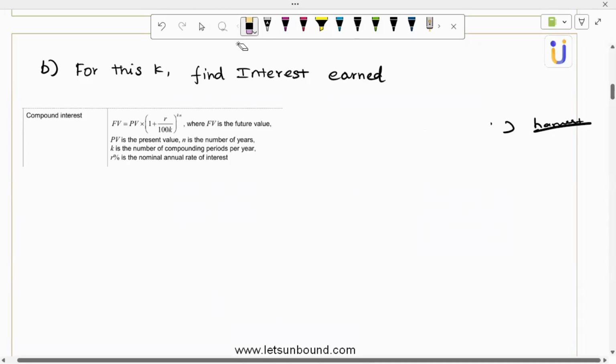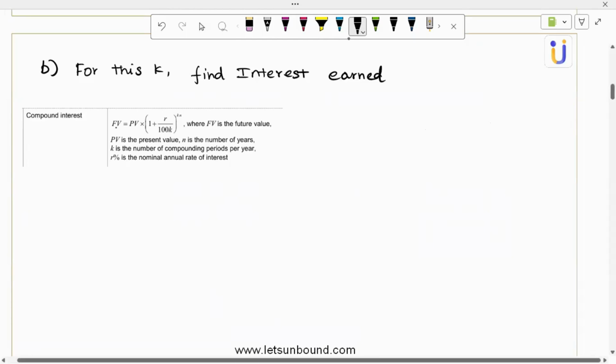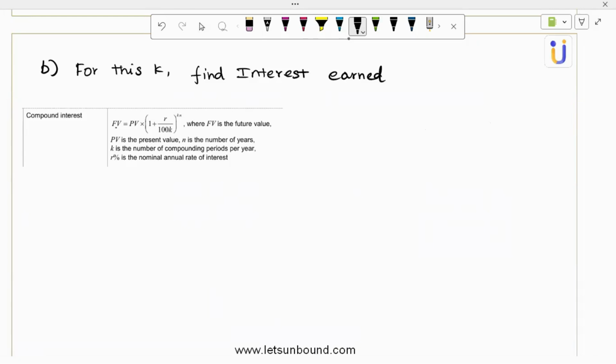That's simple. But how to find the future value? We have a formula in our booklet, which is SL 1.4. For future value, FV equals PV times 1 plus r by 100k whole power kn. FV is future value, PV is present value, n is number of years, k is number of compounding periods per year, and r% is the nominal annual rate of interest.